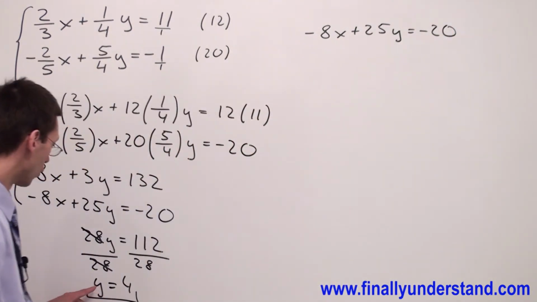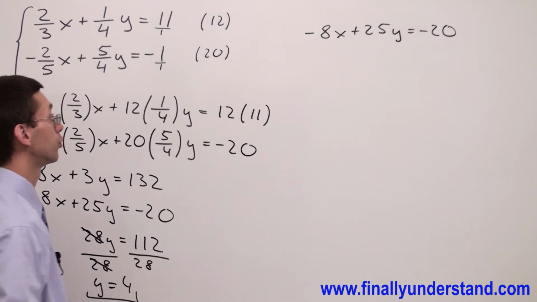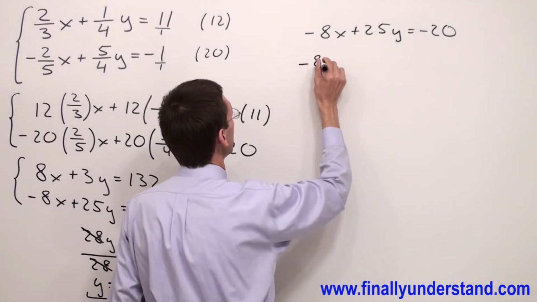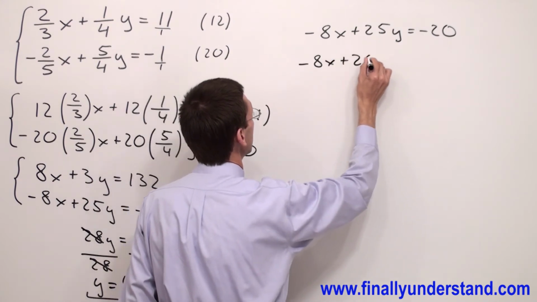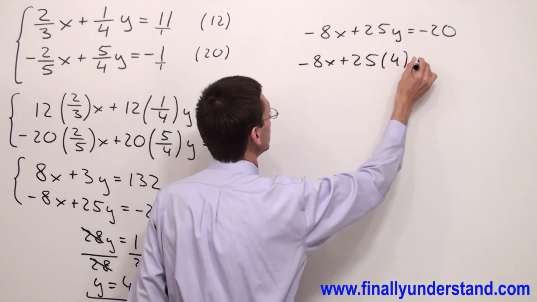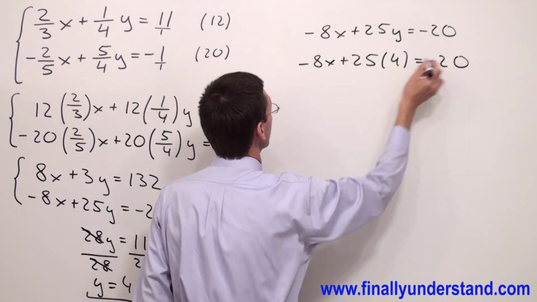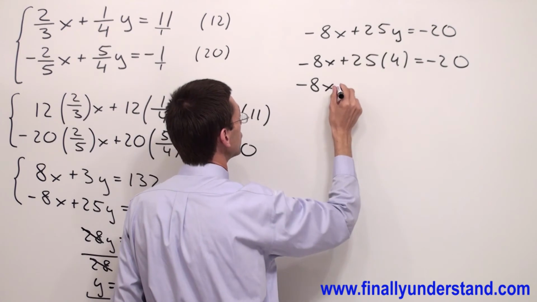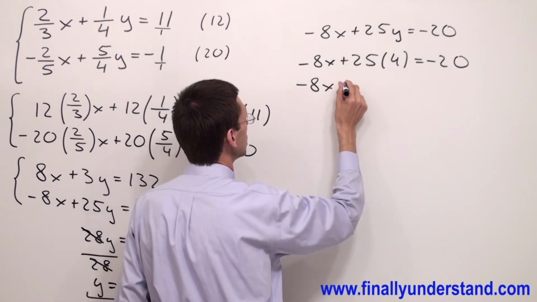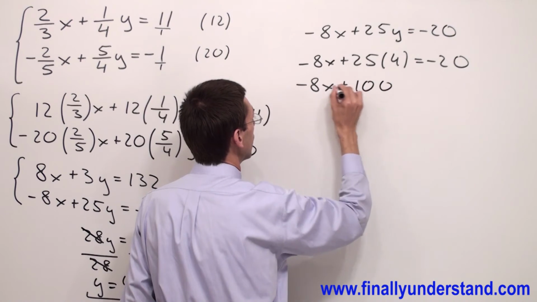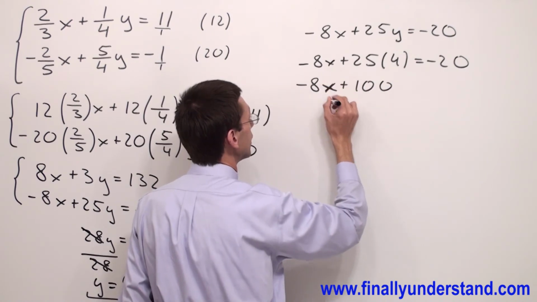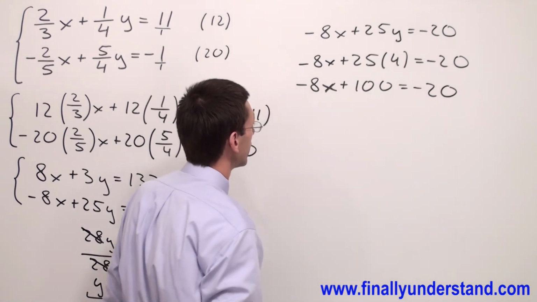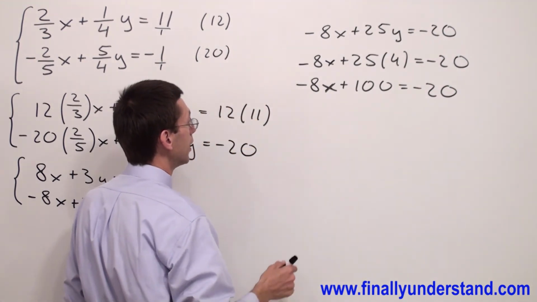We said that y is equal 4. That's why I'm going to replace this y by 4. I have negative 8x plus 25 times 4, which is 100, equals negative 20.